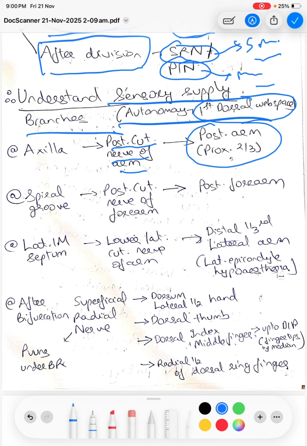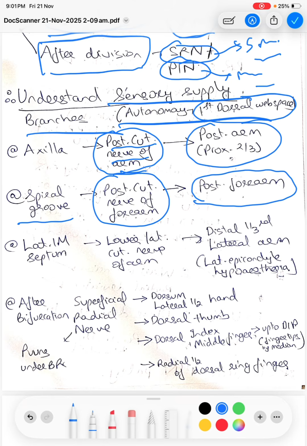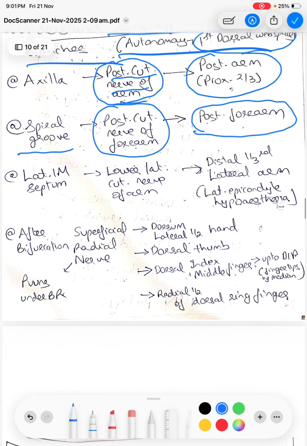At the spiral groove, it gives off the posterior cutaneous nerve of forearm, which supplies a band on the posterior aspect of the forearm. At the lateral intermuscular septum, it gives off the lower lateral cutaneous nerve of arm, which supplies the distal one-third of the lateral arm.